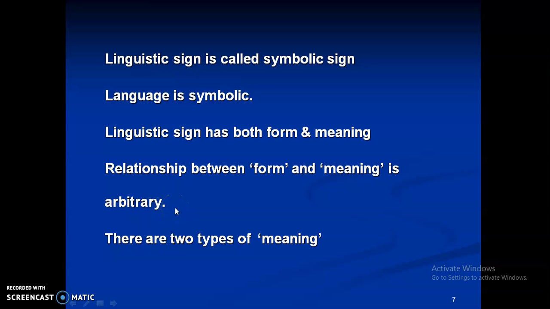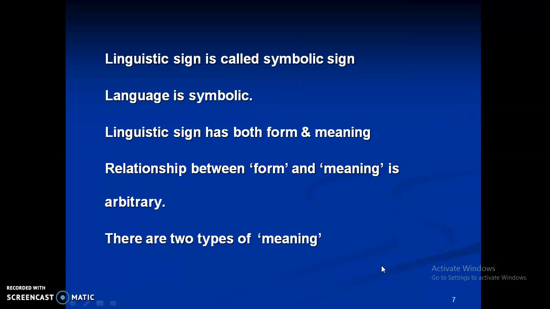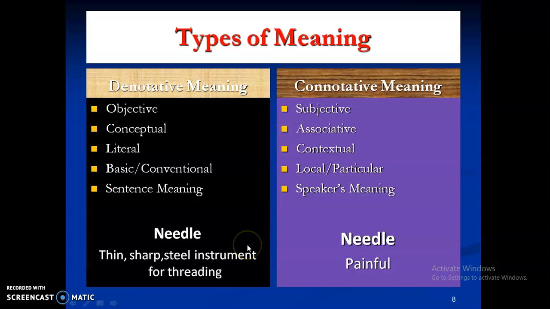Now let's discuss. There are two types of meaning. When we say dog, kutta, kalb, this object comes to our mind. So there are two types of meaning: denotative meaning and connotative meaning. Denotative meaning is actual meaning or objective meaning, that is conceptual meaning.